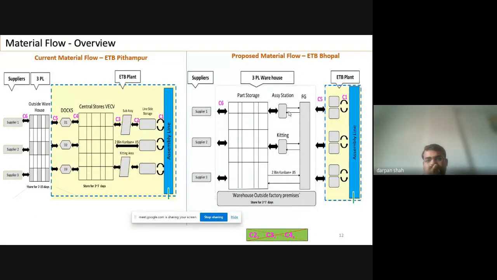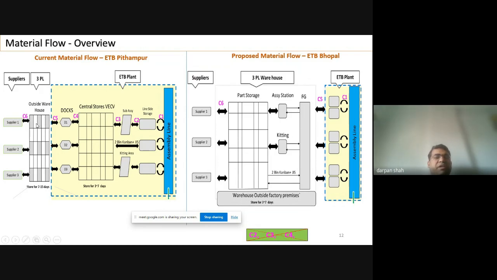This is a typical comparison in terms of number of handlings. At our mother plant, which is at Pithampur and has been running for the last 25 years, the supply chain system is that suppliers send the material and it is stored in a 3PL warehouse.